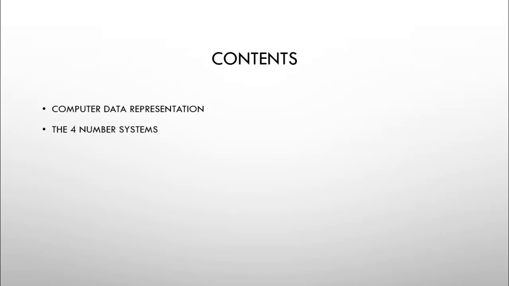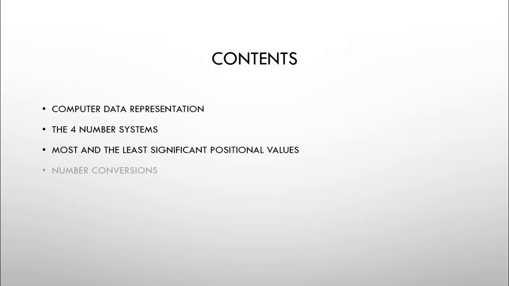And then we will talk about the four number systems, then the most and the least significant positional values, conversion among the four number systems that we saw earlier, which is very important, data storage capacities, the storage capacities of different storage devices and storage capacity of external devices, plus the speed of different storage devices. The last one, four coding systems that we are going to use in computing.